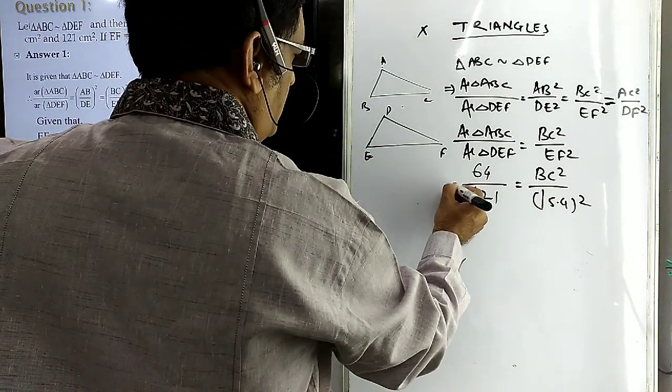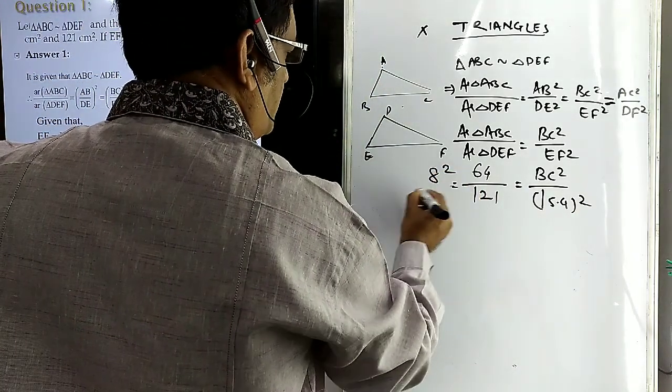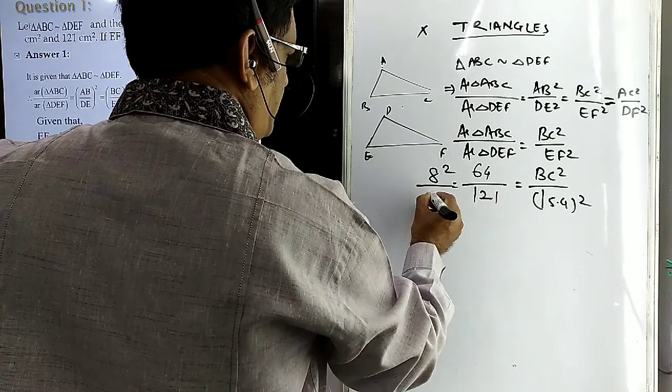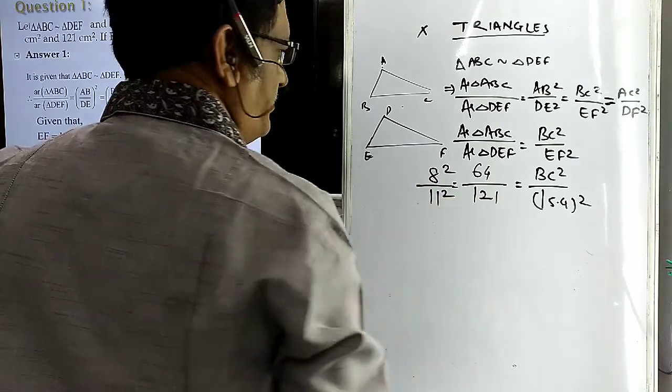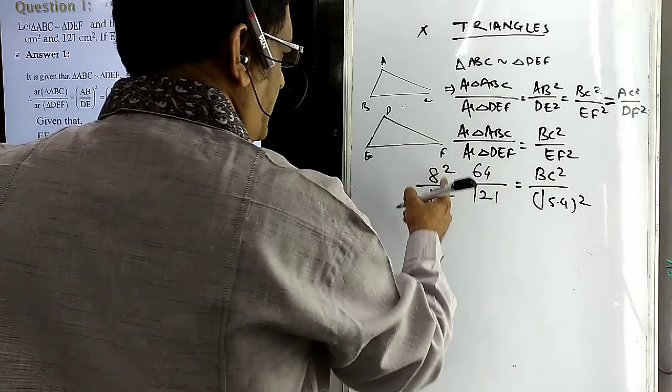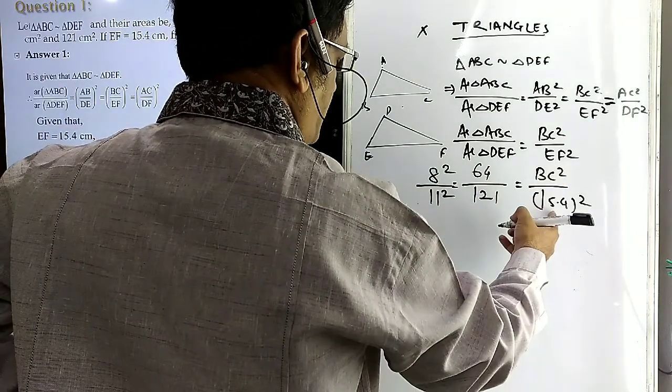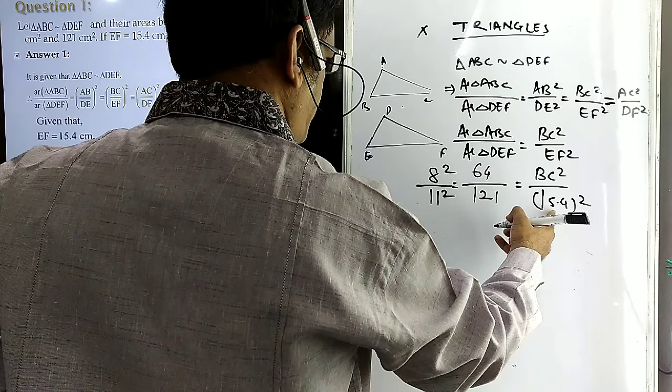But you know that 64 is equal to 8 square, and 121 is equal to 11 square. So 8 square by 11 square equals BC square by 15.4 square.